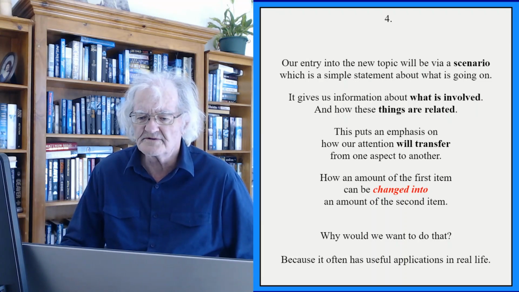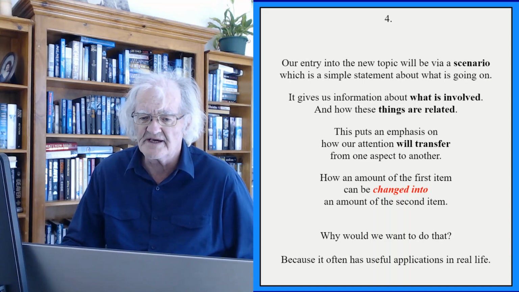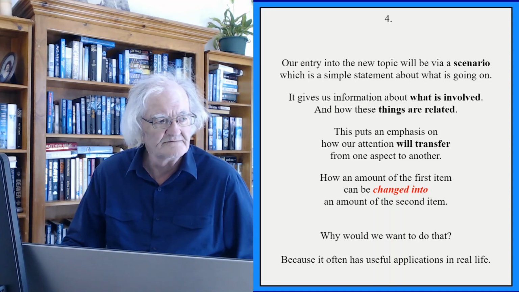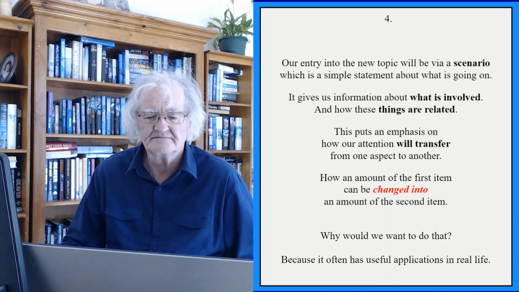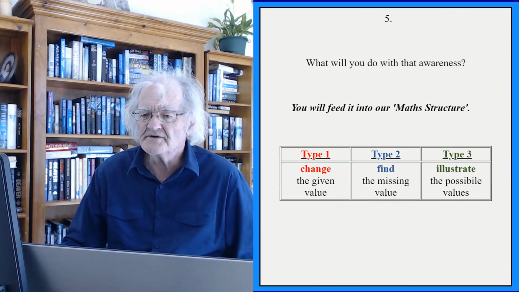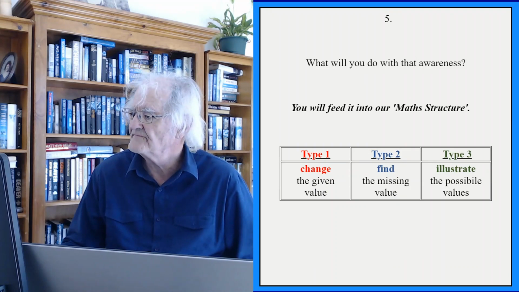Why would we want to do that? Because it often has useful applications in real life. What will you do with that awareness? You will feed it into our math structure.